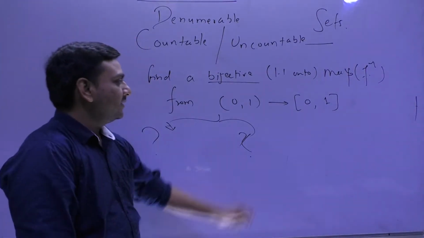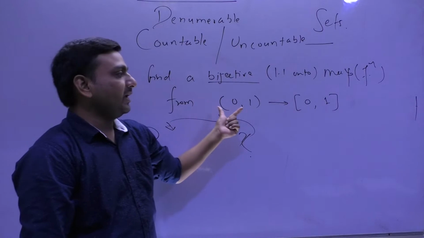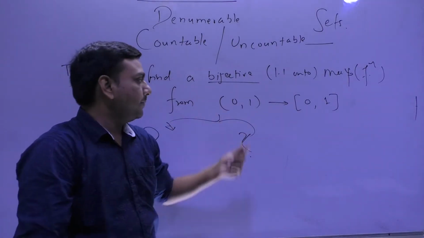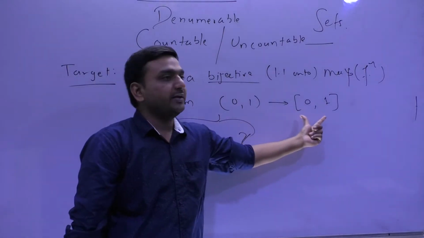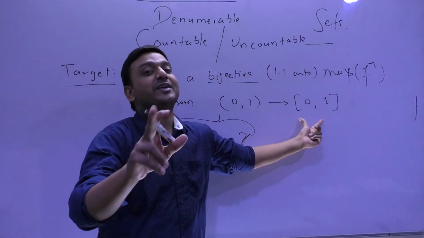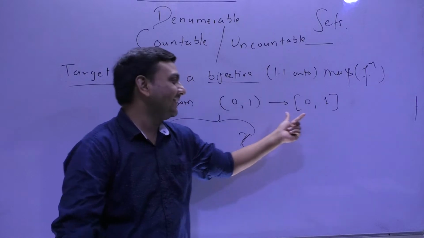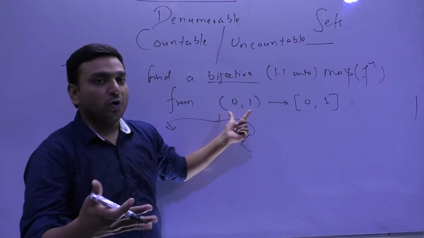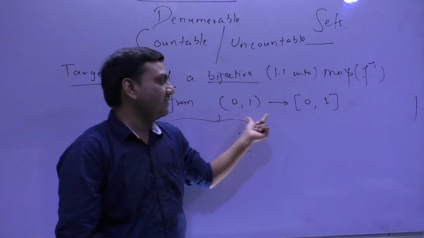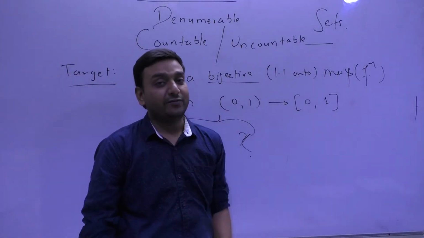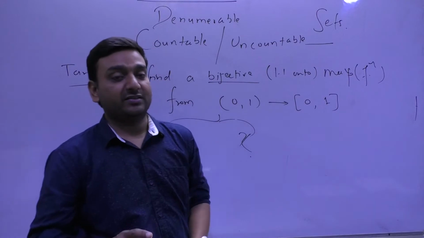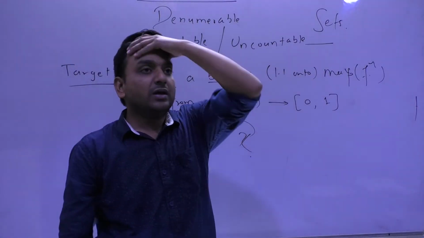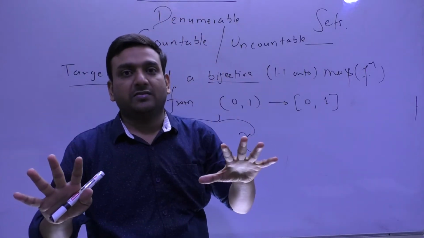How? If you are able to find a 1-1 onto map between this and this, I am saying if yes, then we may say that there is no difference between this and this. And difference doesn't mean element-wise. Difference means these are some classes, you can say.